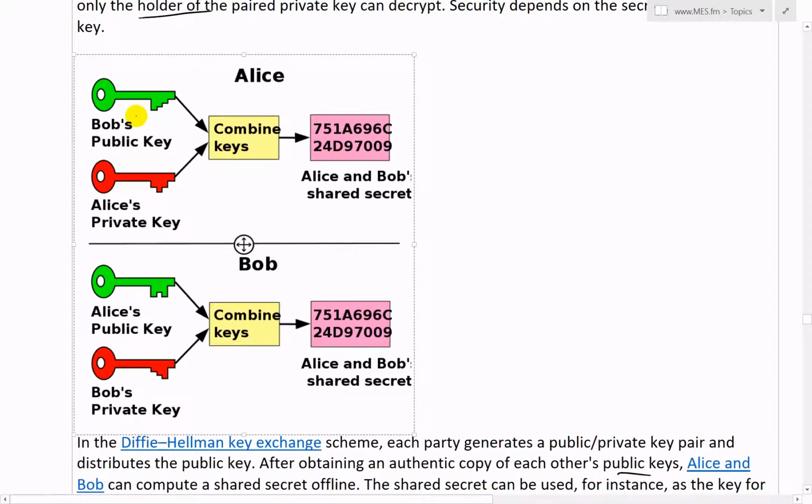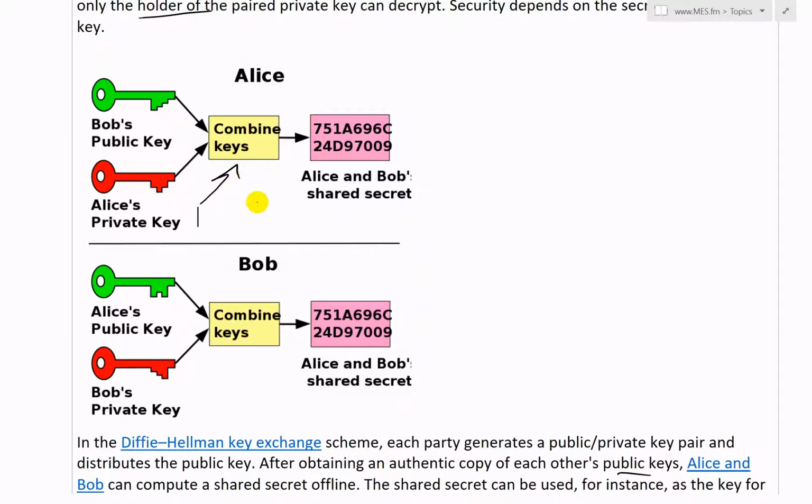So you could put this in. Bob's public key and Alice's private key combine the keys. You can combine them to write a message here, and Bob won't know Alice's private key, but if Bob throws in Alice's public key and uses Bob's private key, because they're all interconnected, only Bob can open this message to see what was inside.